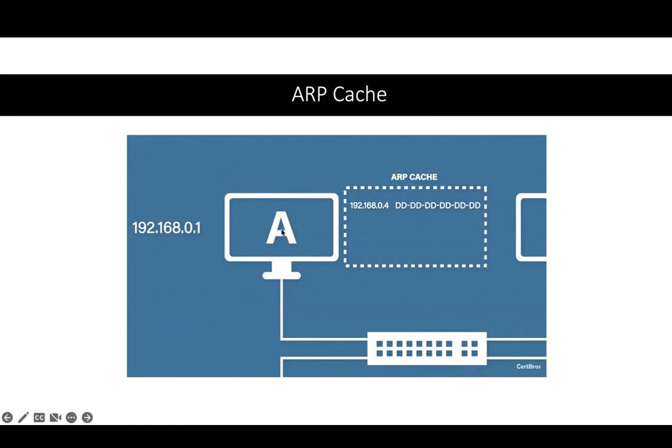So next time if user A wants to communicate with user D again, user A does not have to broadcast who has this IP address, can I have the MAC address? It's already stored in the ARP cache.